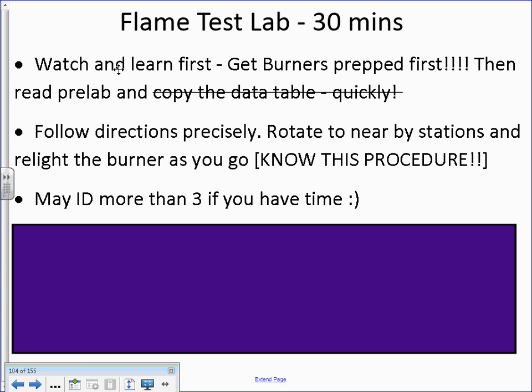Read the pre-lab. You're writing your purpose down.